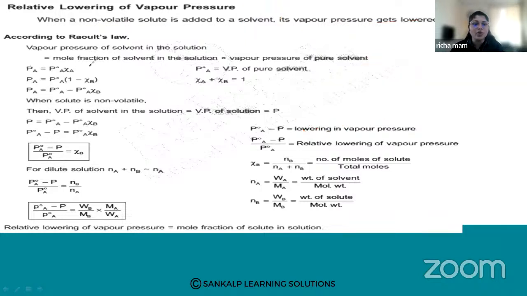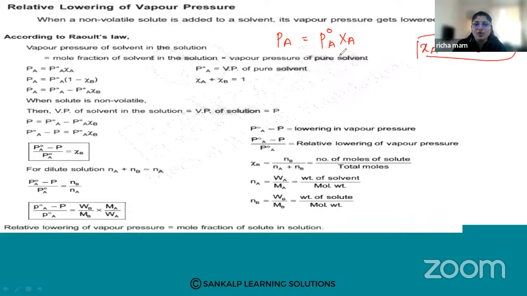Now we'll apply Raoult's law. The vapor pressure of the solvent in the solution is equal to the mole fraction of the solvent in the solution times the vapor pressure of the pure solvent. That is, the vapor pressure of component A is equal to the vapor pressure of pure component A times the mole fraction of component A. We know that the mole fractions of A and B add up to 1.